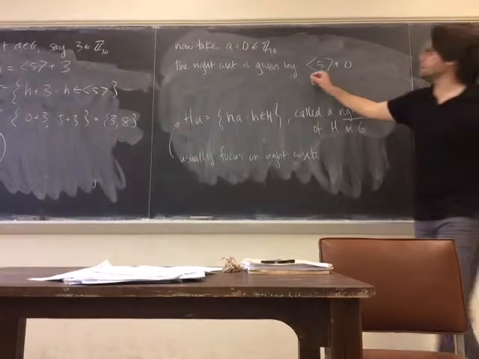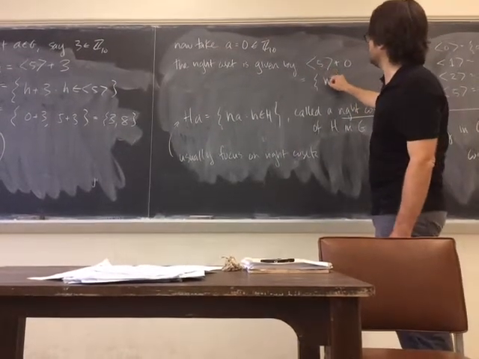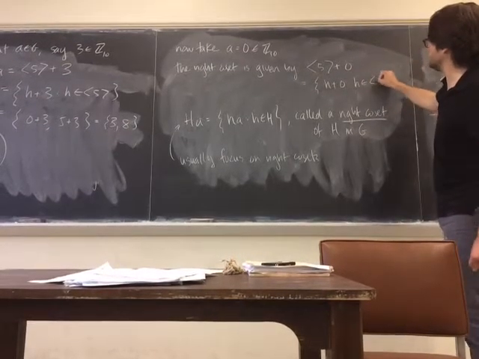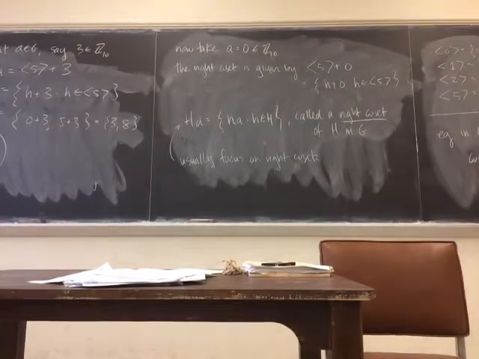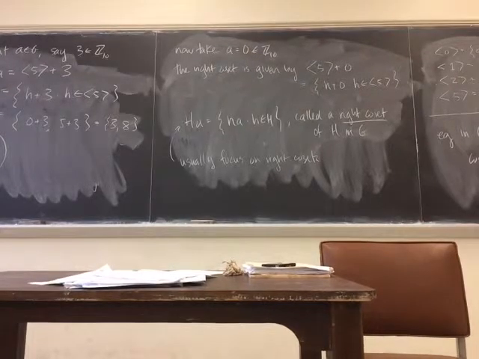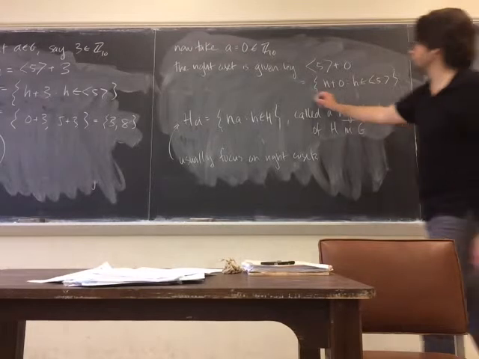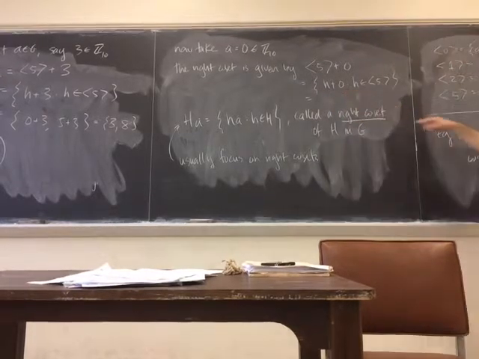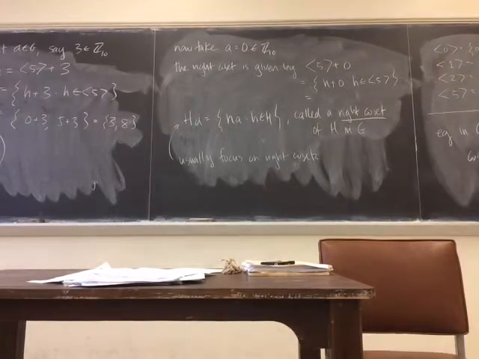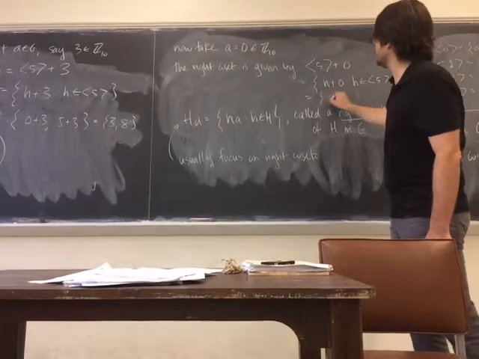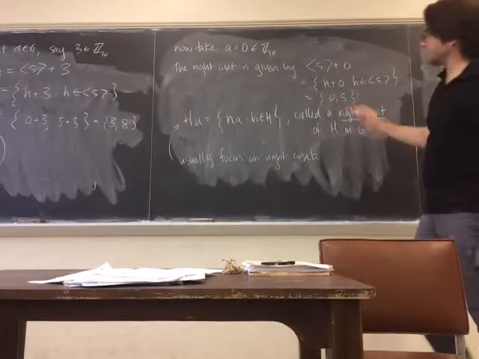And the notation is, you take all of the elements h in the subgroup generated by 5 plus 0. What is it in this case? If I take an element and I add 0 to it, I don't get anything new, right? So I'm just going to take this element, add 0, this element, add 0. So what do you get? 0 and 5. In fact, that's H.